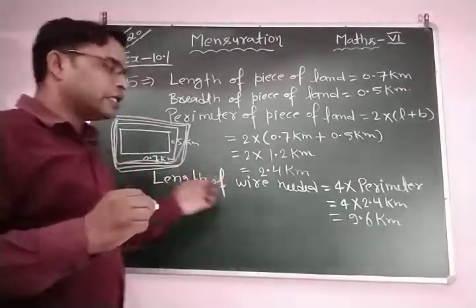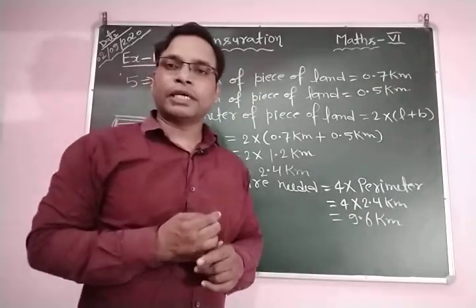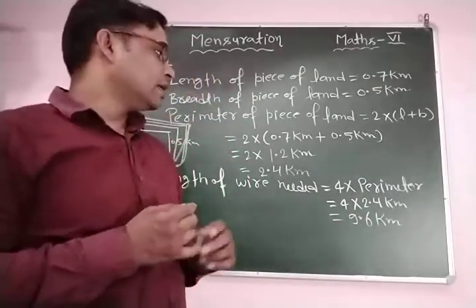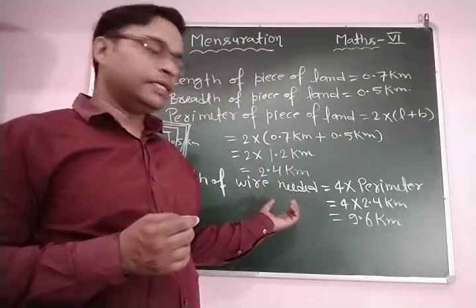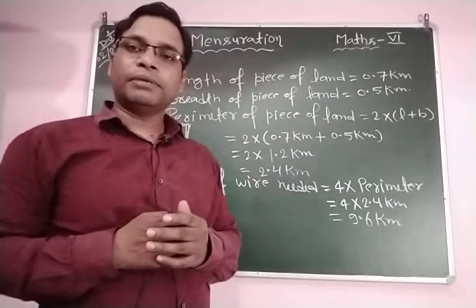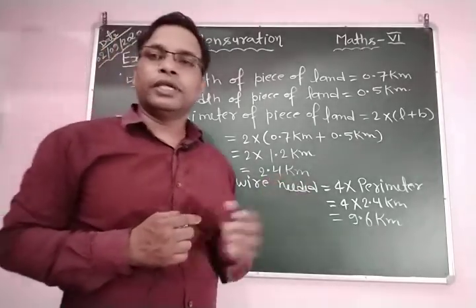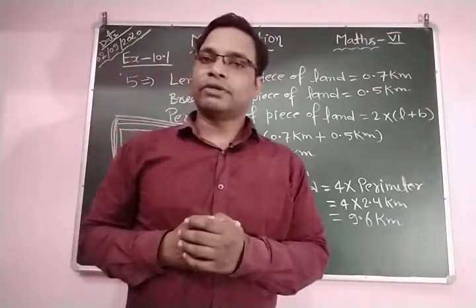So we multiply 4 by the perimeter of the piece of land, then we find the length of wire needed to fence the piece of land 4 times, whose length is 0.7 kilometer and breadth is 0.5 kilometers.